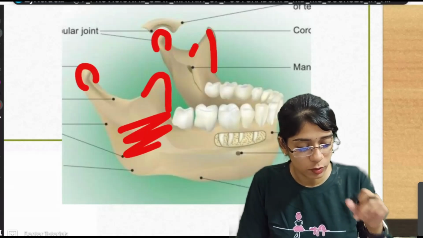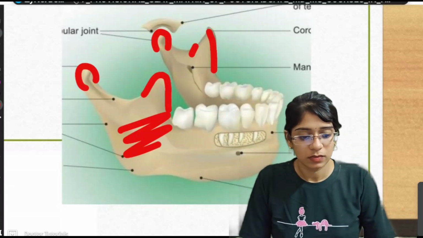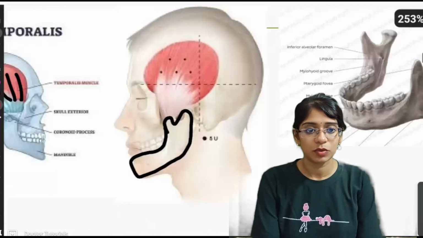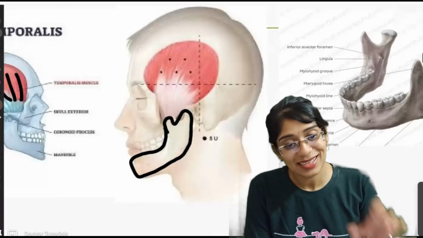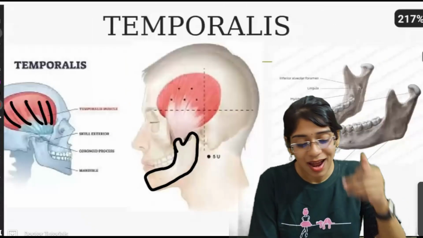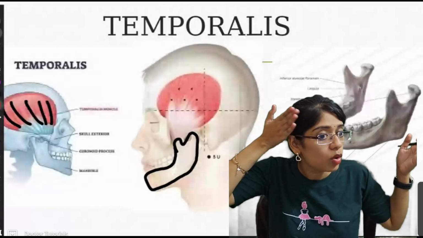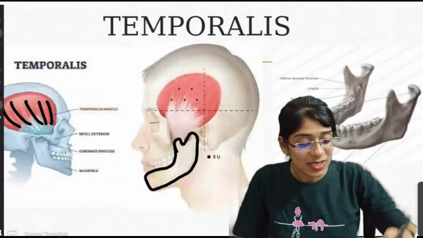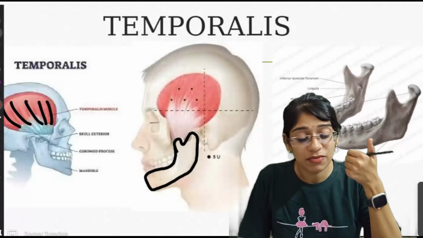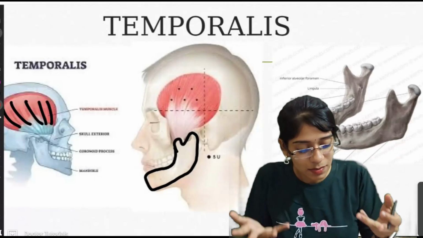That is to tell you that this temporalis muscle starts from where, guys? Where is the origin? It starts from the temporal fossa, and it ends where? In the mandible. Where is it inserted in the mandible?